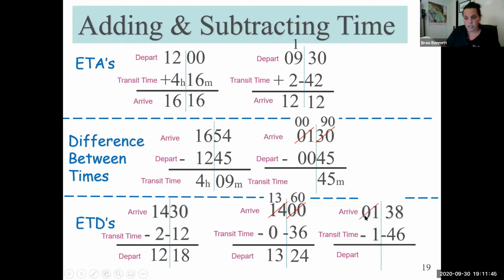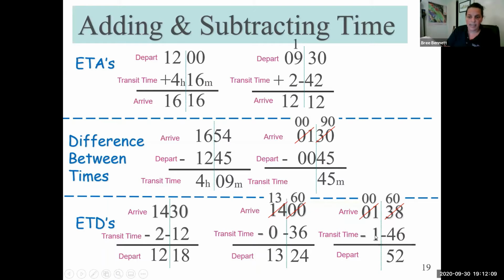So we need to borrow and we're left with 0. And then we change that 38 to 60 plus 38, that's 98. But 98 minus 46 would give us 52.